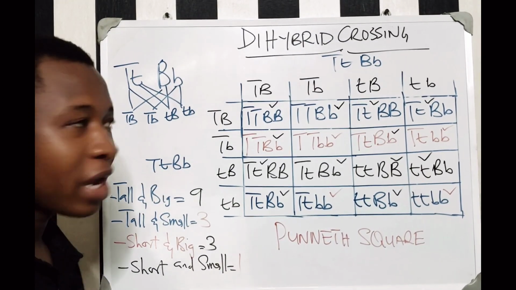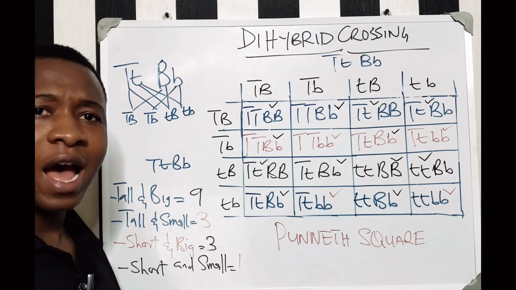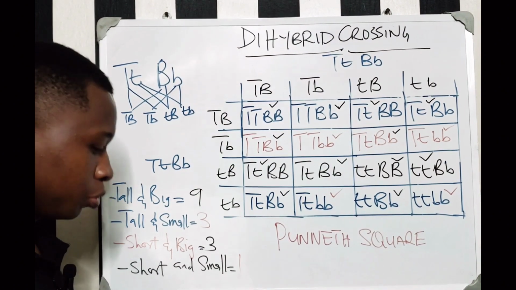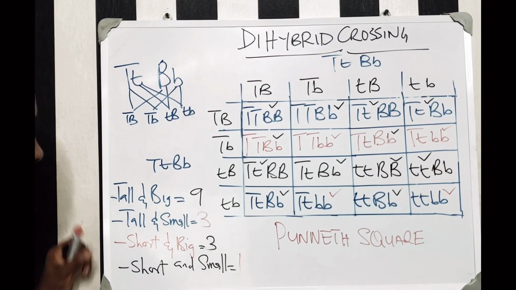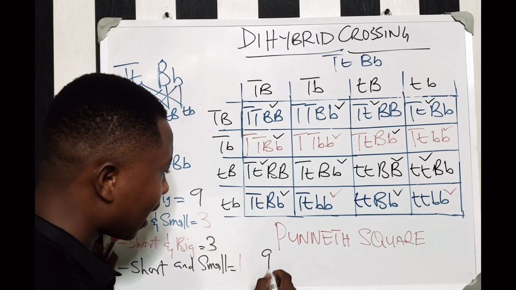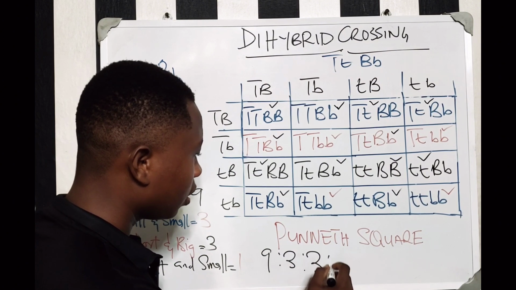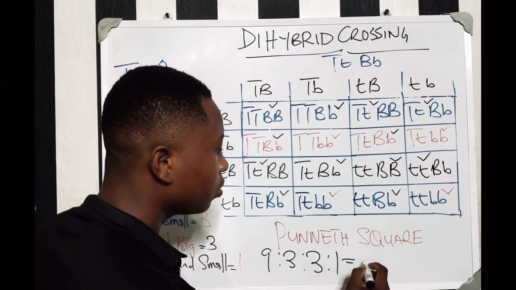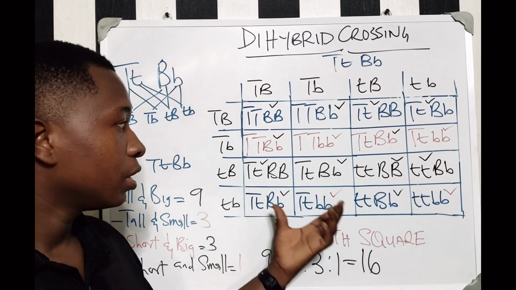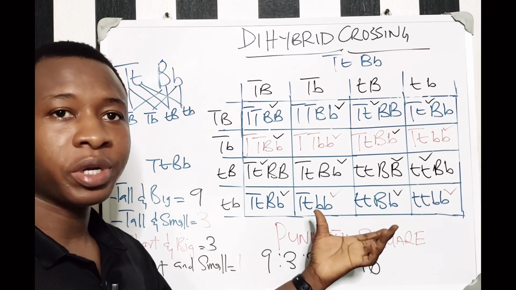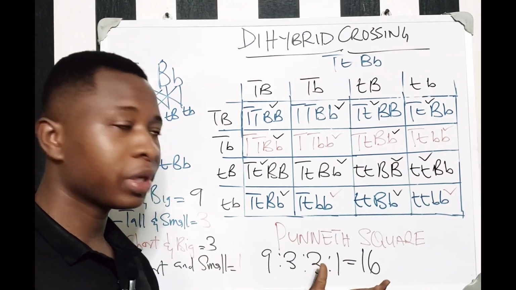So in the Punnett square, in dihybrid inheritance, we have a general ratio that is 9:3:3:1, which gives you 16 different individuals with different traits.